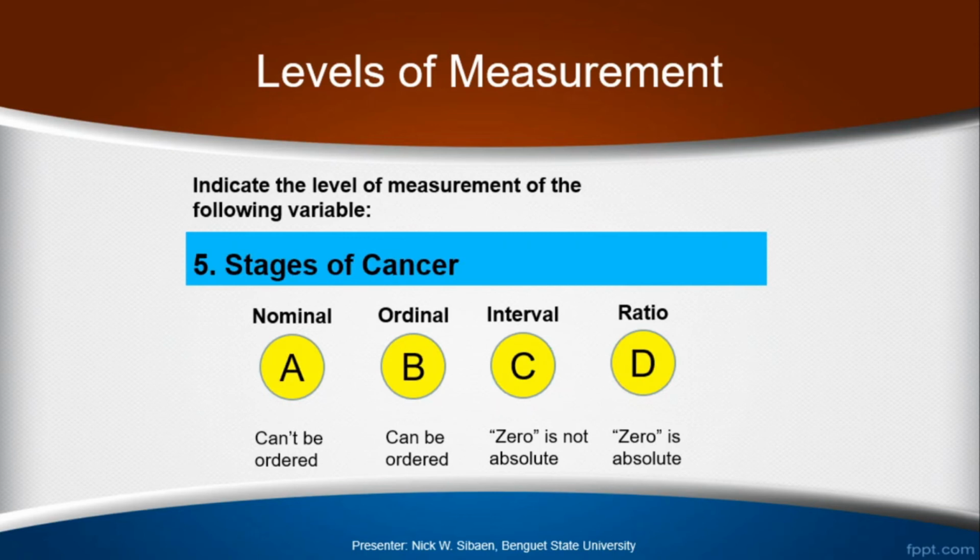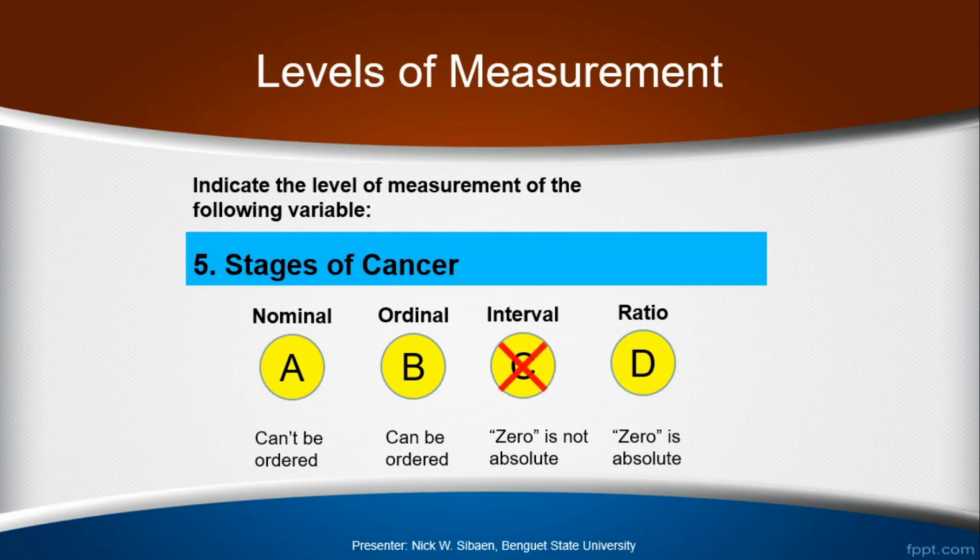Another one, stages of cancer. Like stage 1, 2, stage 3, stage 4. Is that numerical or categorical? Although you can hear the words 1, 2, 3, 4, it doesn't make it numerical. Stage 1, stage 2, stage 3 are categories. So it's a categorical variable.